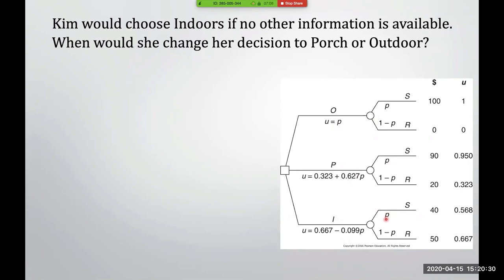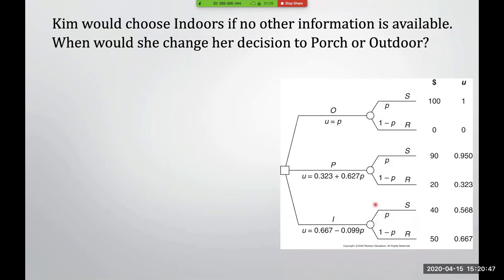So what we want to know is what kind of P will lead Kim to choose each option.